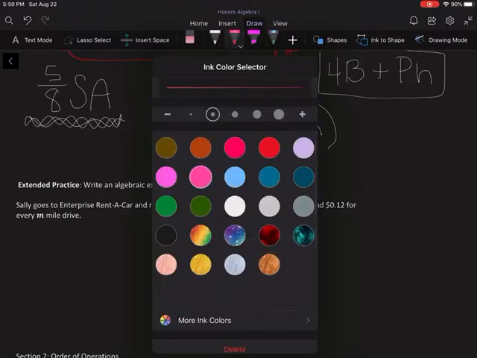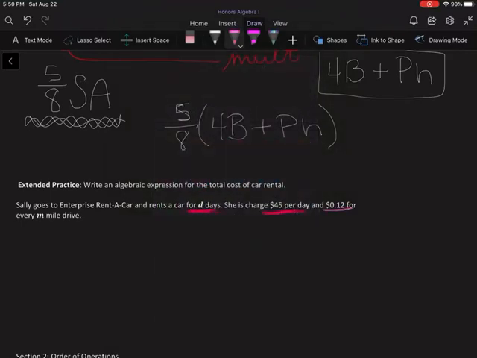And then 12 cents for every mile driven. I used the lighter pink to match up the miles and the hotter pink to match up the days.